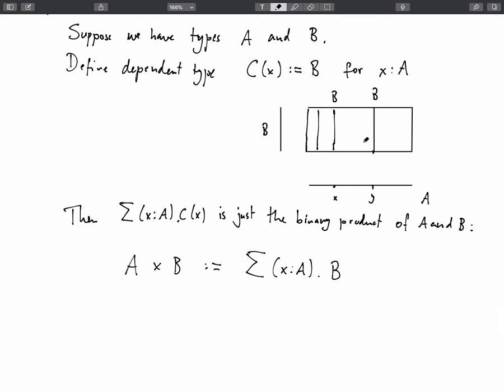So if you have a two-point space, let's say it contains the points 0 and 1, you make the dependent type 0 goes to A, 1 goes to B, and then you form the product, and you will again get A cross B. But then it's a different thing. Well, eventually we will be able to show that they are equivalent types, and therefore by univalence equal types in the universe. There will be a path between them. But it was a different construction. So yes, they will not be the same type, they will be equivalent types.